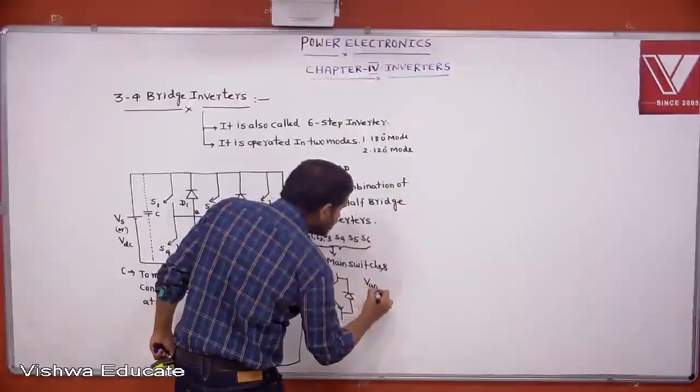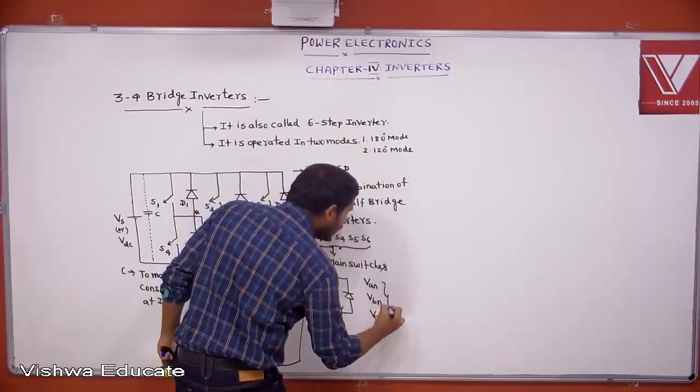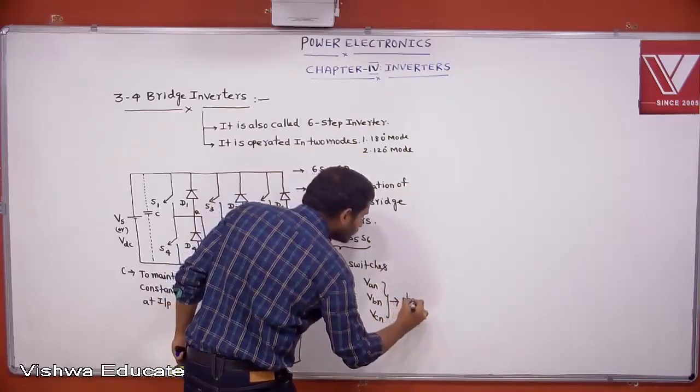Another point to remember: VAN, VBN, VCN are called phase voltages.